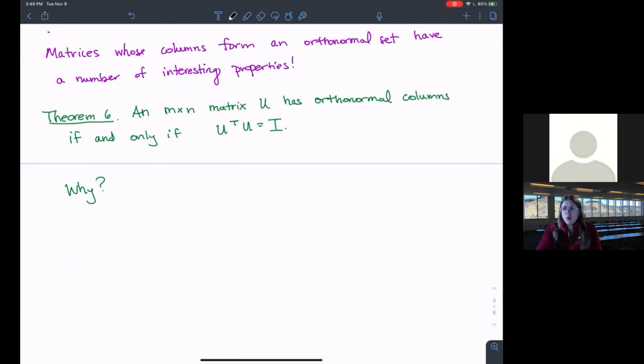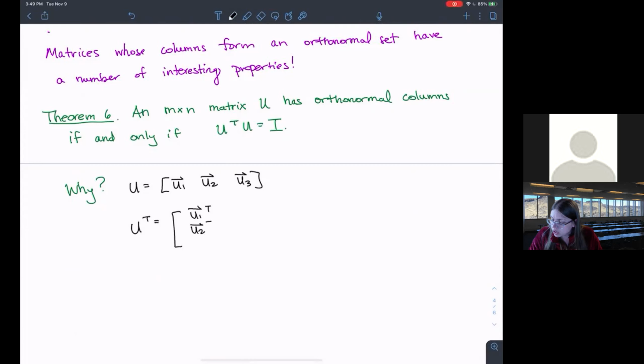So let's just talk about why this is. Let's just use a matrix with 3 columns, and let's call those columns U1, U2, and U3. So U transpose is going to be a matrix with 3 rows. And those rows are the transpose of the first column of the original matrix, the second row is the transpose of the second column of the original matrix, and the third row is the transpose of the third column of the original matrix.